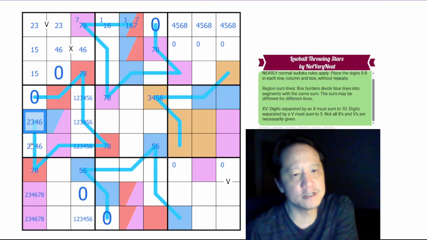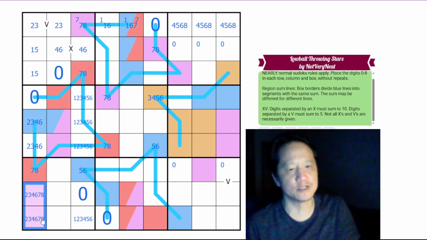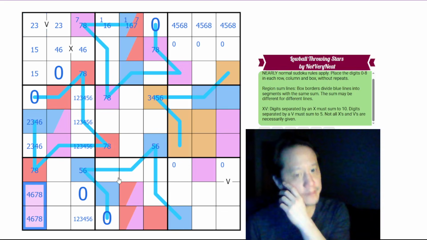Oh, this is guaranteed to have 2 or 3 here. This is 2 or 3, which eliminates 2 and 3 in the rest of the column.